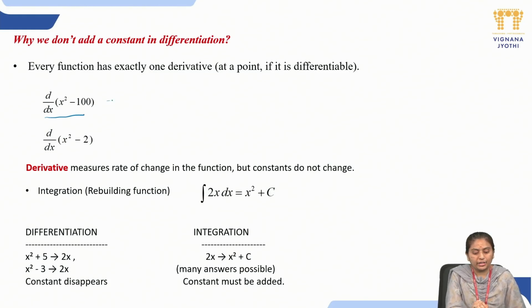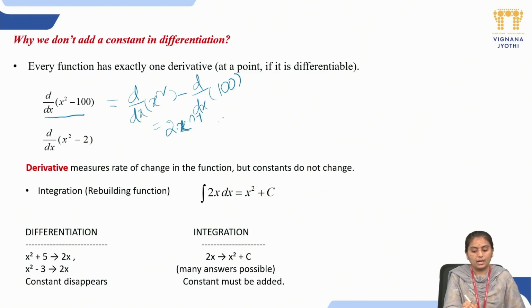What will be the derivative of this function? d by dx of x square minus d by dx of 100. As you know, d by dx of x square is 2 into x power n minus 1, and the differentiation of a constant is 0. So the result will be 2x.